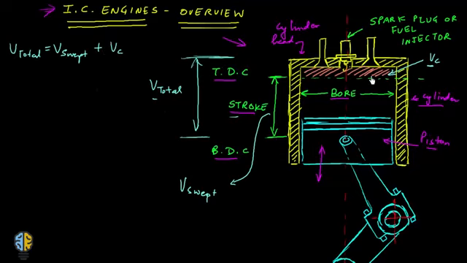Now on top of the cylinder head you have two valves. One is the inlet valve and the other is the exhaust valve or outlet valve, and in between the inlet and the exhaust valve you have a spark plug or a fuel injector depending on the kind of engine you have. So this is a very common schematic of any reciprocating internal combustion engine.